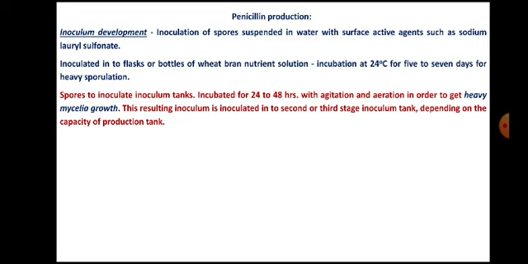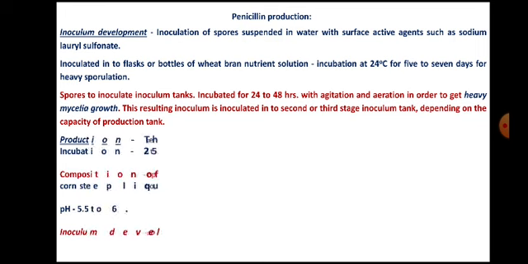So this is how the inoculum development process starts with spores and ends with obtaining heavy mycelial growth. Now this heavy mycelial growth will be used as a mycelial inoculum for the inoculation of the production tank.